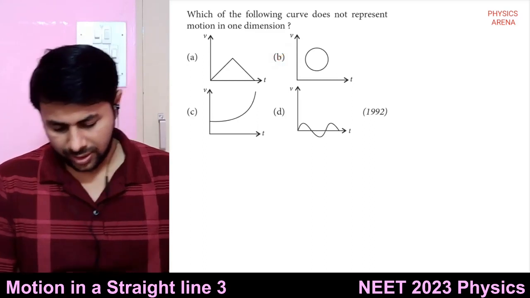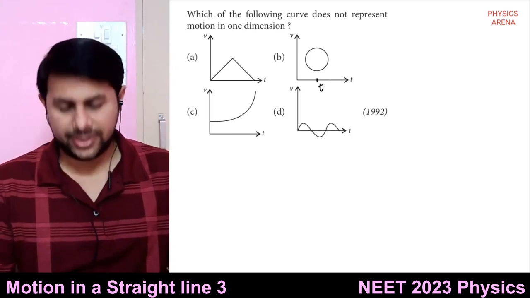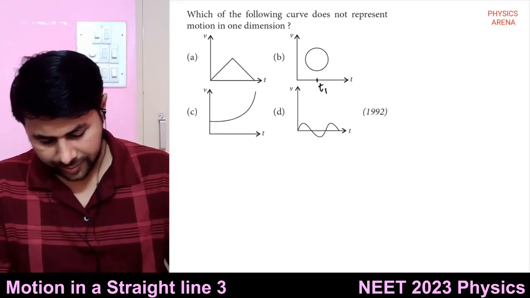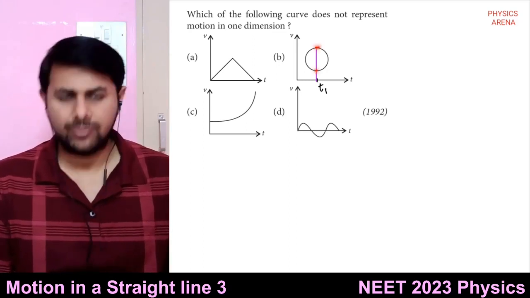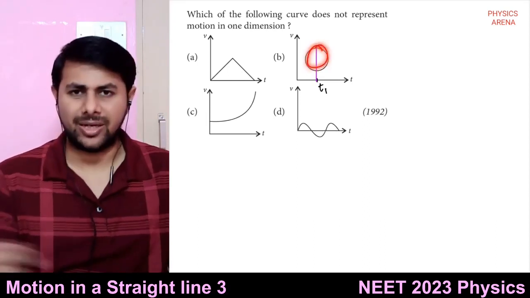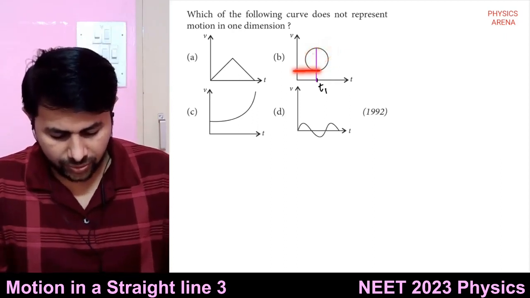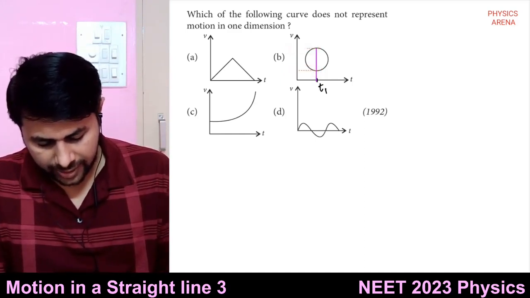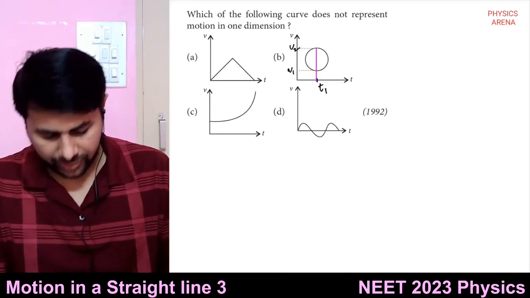How? Take some time, let's say this is t1. You draw a perpendicular on the velocity versus time graph, and it meets the curve at these two points. What does that mean? The object whose velocity versus time graph is represented by this curve has two velocities at this time, v1 and v2.